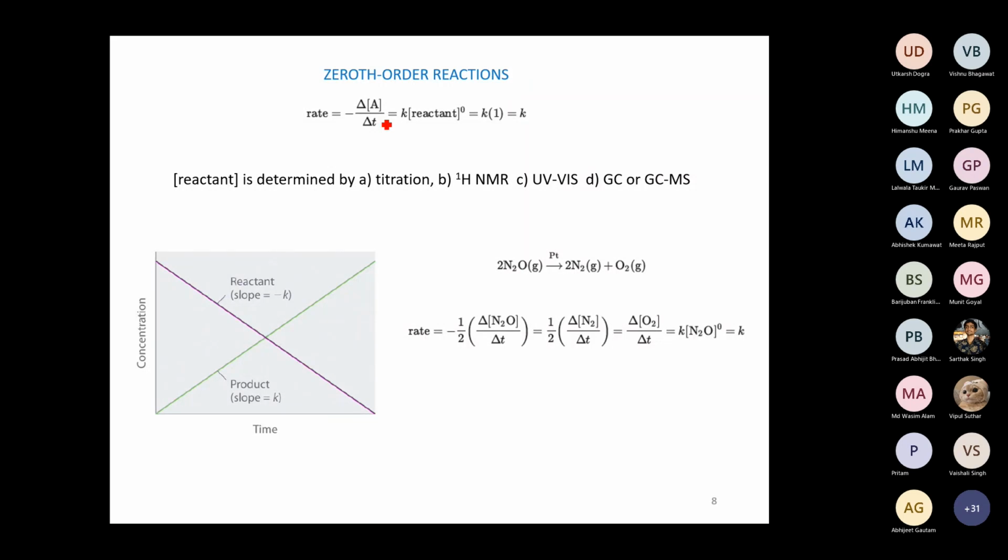In the CMP 100 experiment you will be doing, probably next summer or this December, you will use titration. If the product is, suppose, an acid, you will be doing the experiment of hydrolysis of ethyl acetate. Ethyl acetate will convert to ethanol and acetic acid.